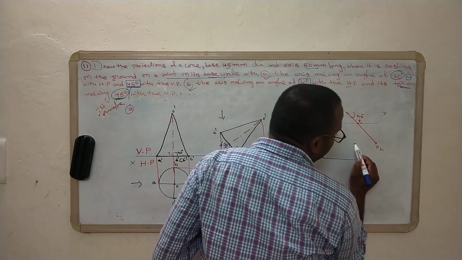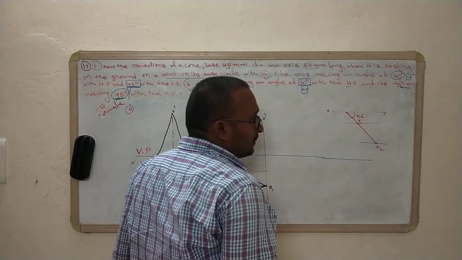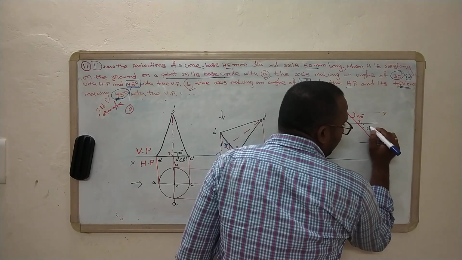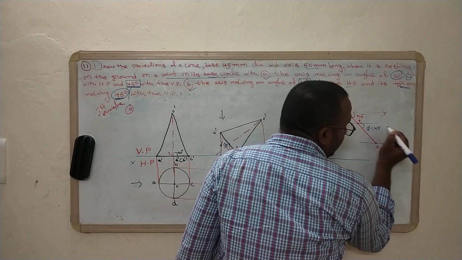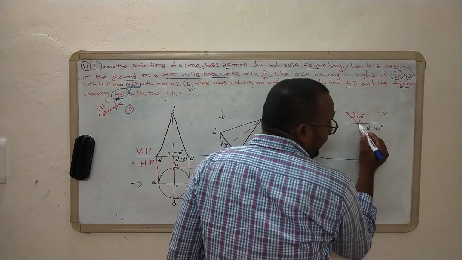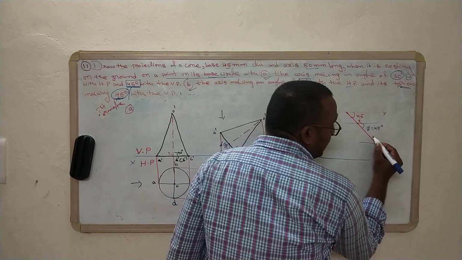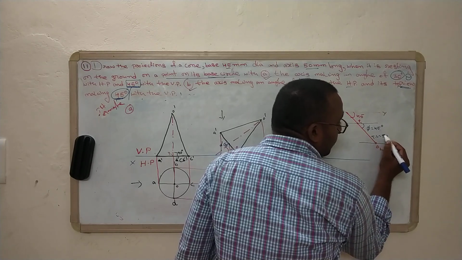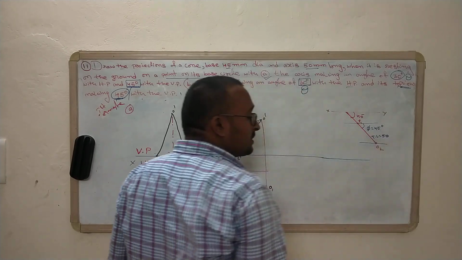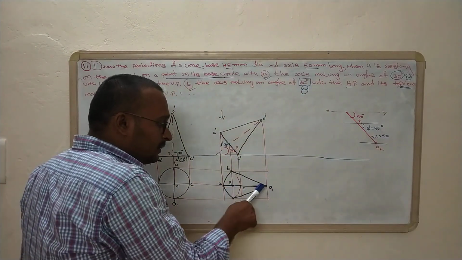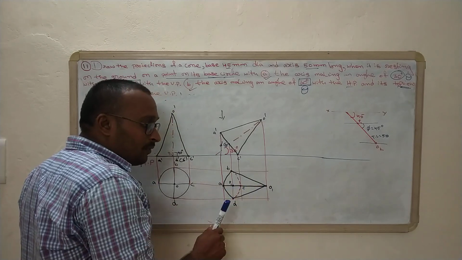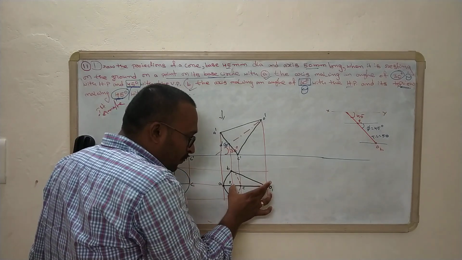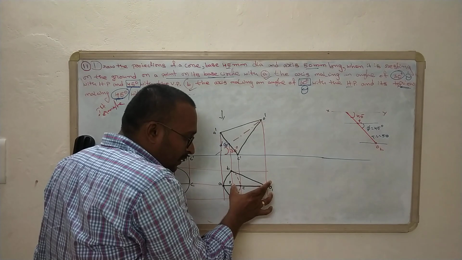Then draw the horizontal line over here. So this is the angle phi equal to 45 degrees, that is the true angle and true length of the axis. True length of the axis is 50 mm and the true angle is 45 degrees. But what we require is the top view making an angle, that is beta. You can observe that we already drew that top view, so here to here it is the top view length.